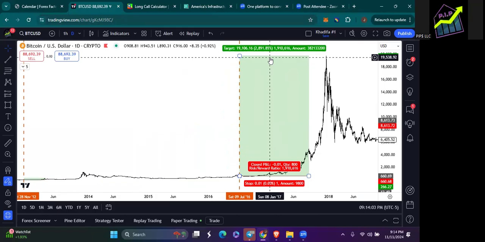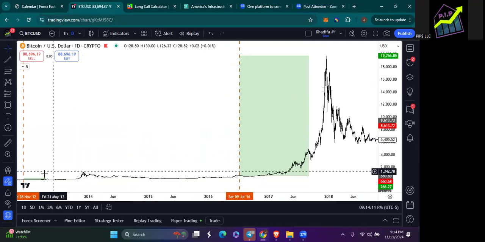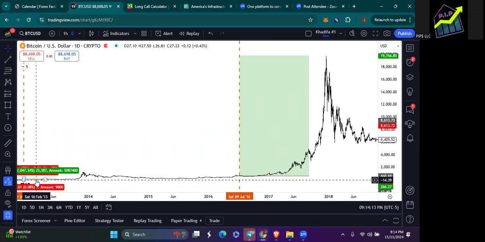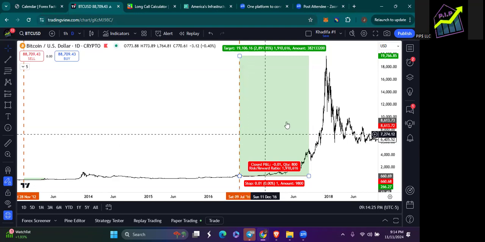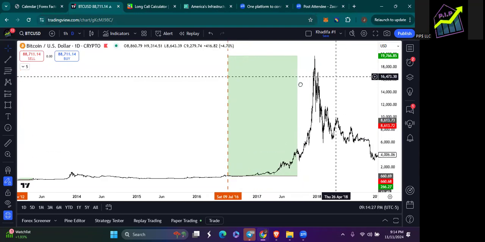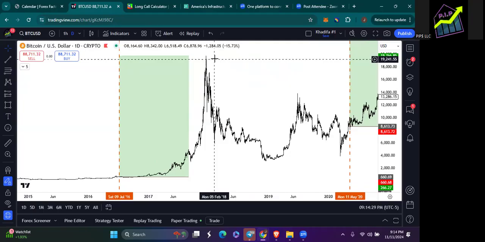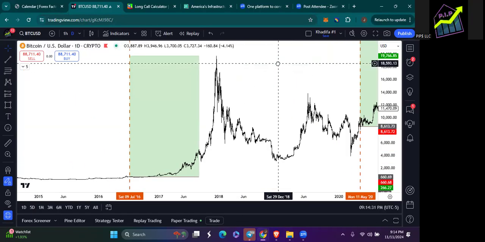So the first halving, it increased over 2,000%, 2,047% to be exact. Four years later, for the second halving, it increased 2,800%, 2,891% to be exact. Right there, boom.